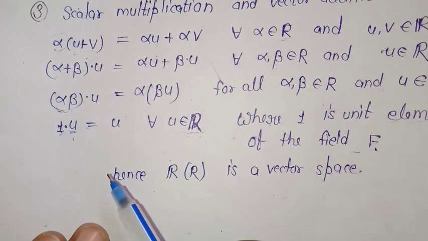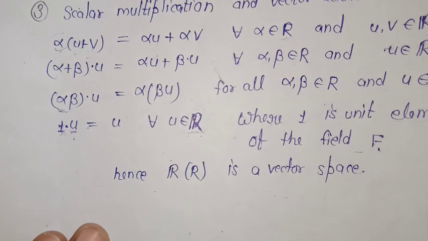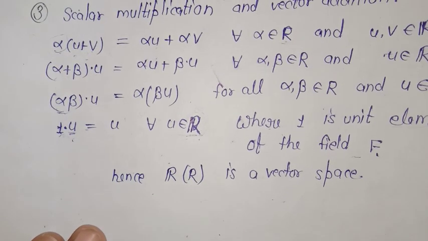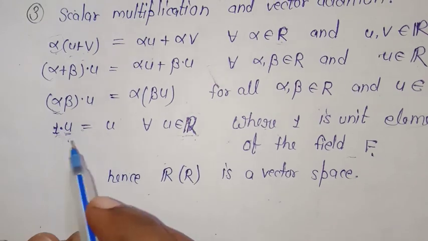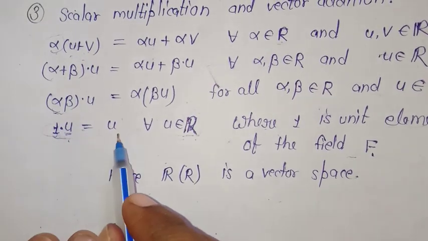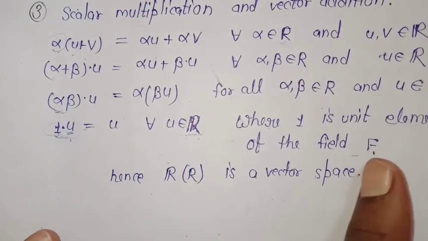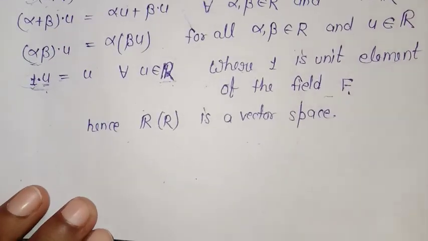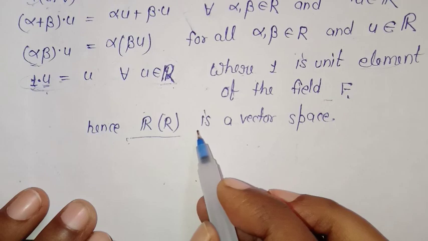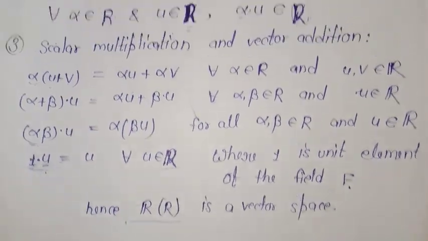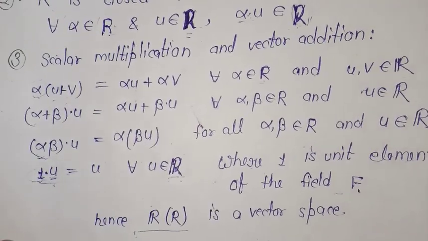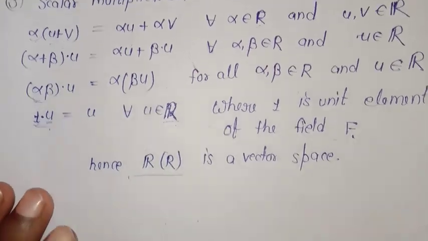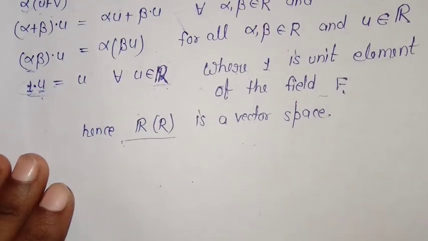To check whether a given set is forming a vector space or not, we will always apply or check these properties. So this was the method to show that R over R is a vector space. I hope you understand this, and I want to give you some homework so that you can also try by yourself.